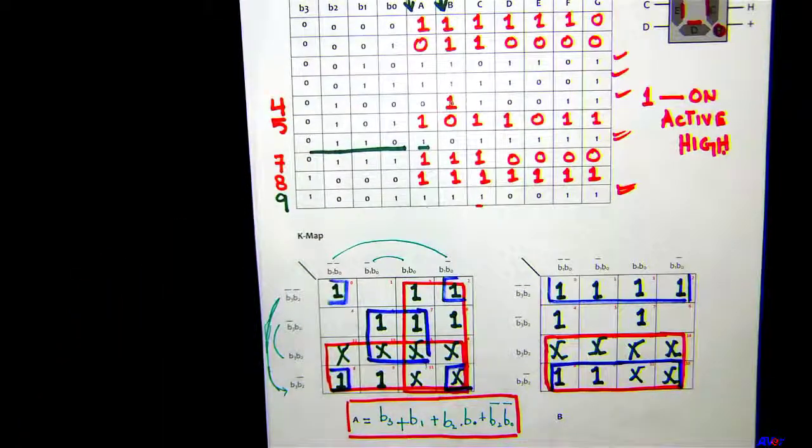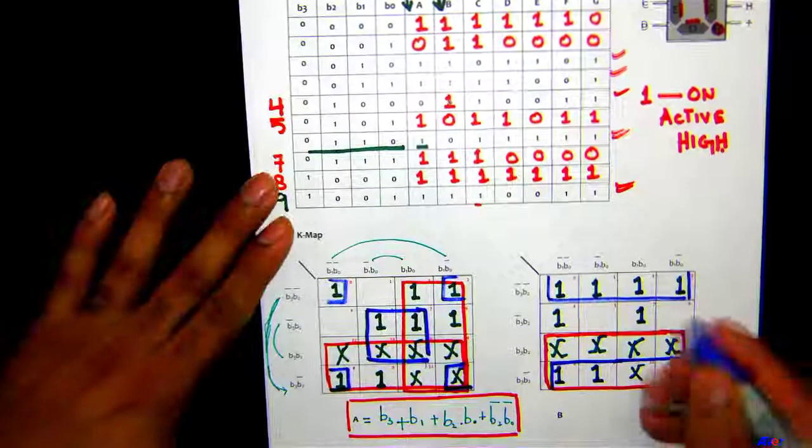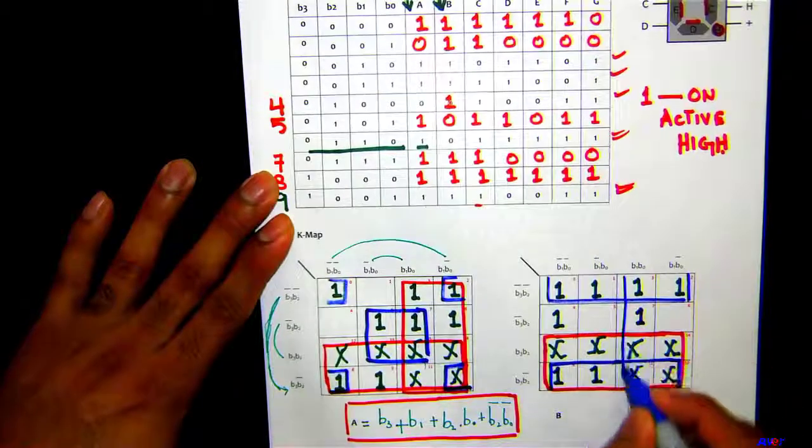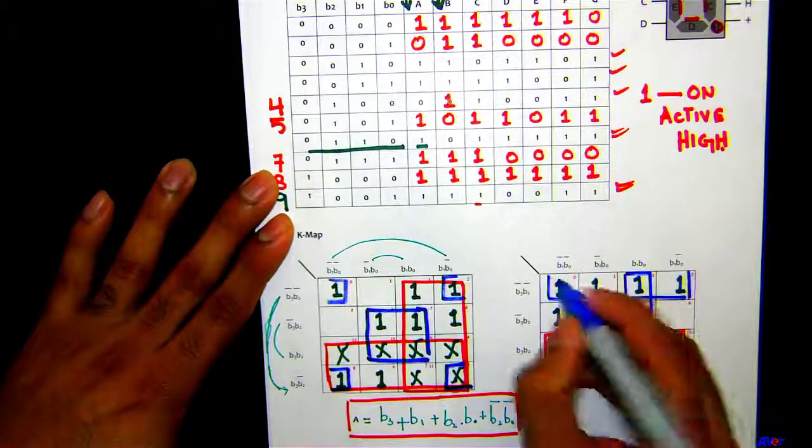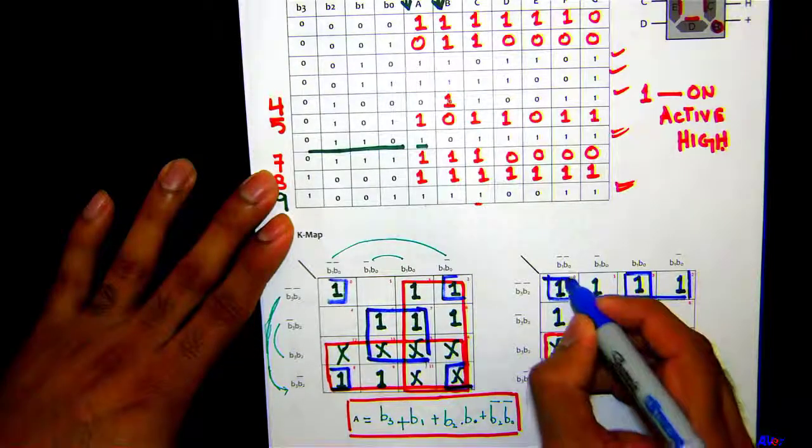Okay, what else, folks? We have 2 minterms which are still not covered. Yes. 3, 7, 15 and 11. Great, fantastic. So basically 2 groups right here, and then this one right here.